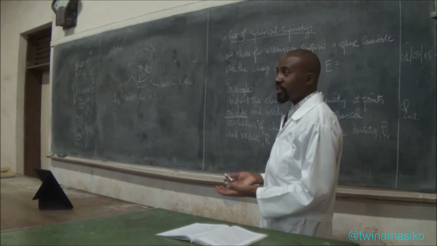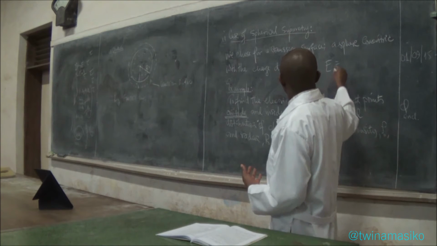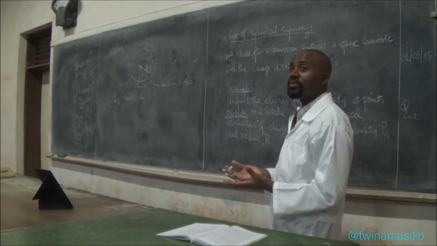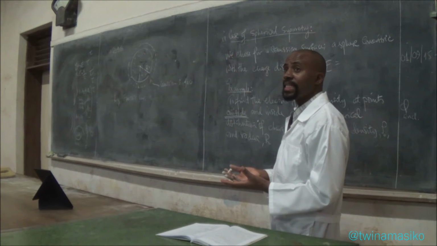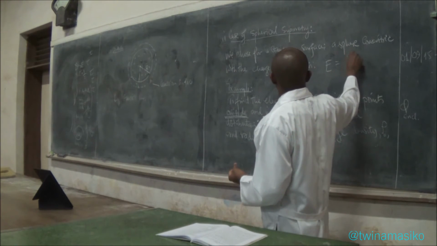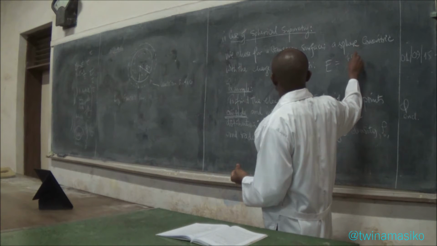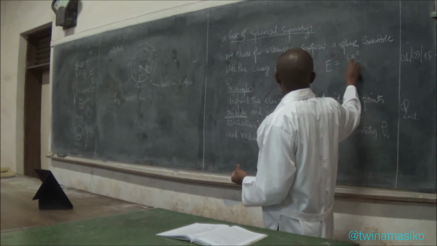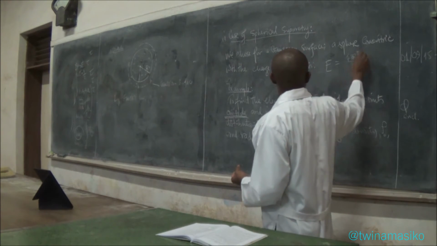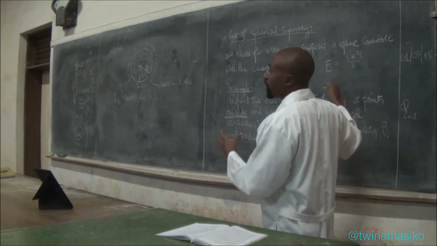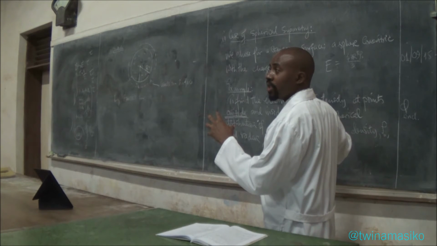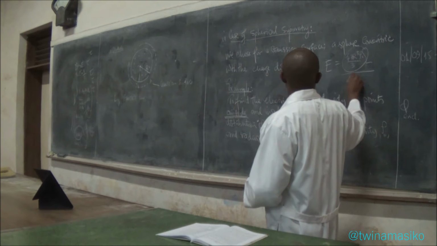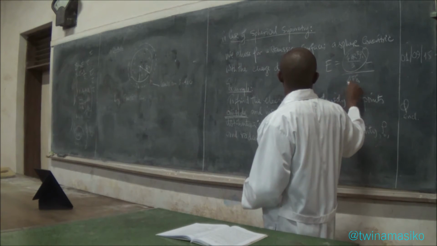And the total charge would be the volume times the volume charge density. What is the volume of the sphere? 4 pi r cubed over 3. So this is rho naught. This is our Q, isn't it? This is our Q divided by 4 pi epsilon naught.